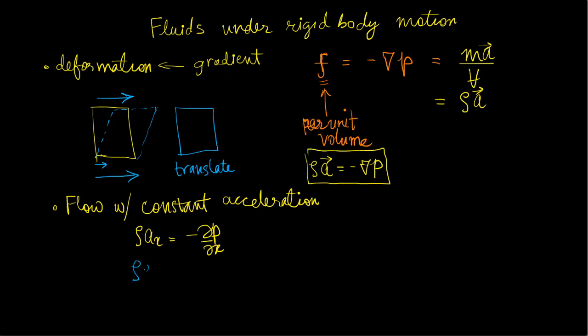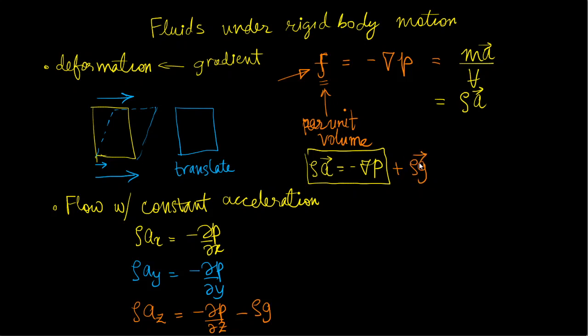Then we would have rho Ay is equal to minus del P del y, and similarly we will have rho Az equal to minus del P del z, but there will be another added body force that will be due to gravity, minus rho G. So here I have explicitly not written gravity, but in general the force acting on a fluid element is due to the pressure gradient and the action of its body weight, that is gravity.